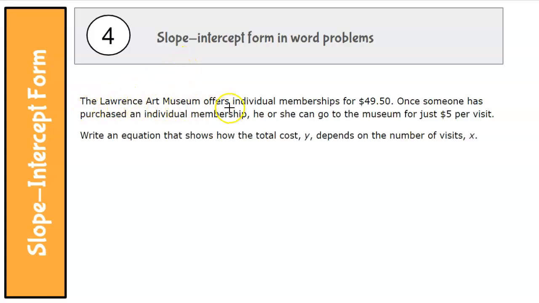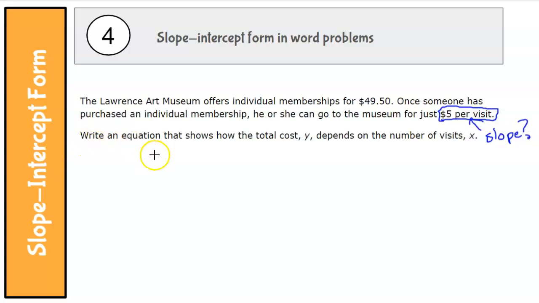The Lawrence Art Museum offers individual memberships for $49.50. Once someone has purchased an individual membership, he or she can go to the museum for just $5 per visit. In that previous slide, that said that was the slope, I think.